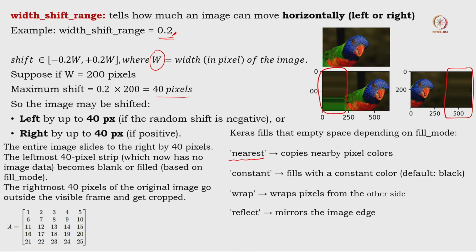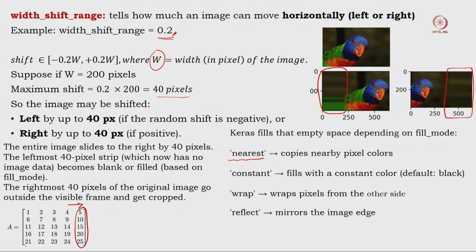Let us take this image in its pixel representation. This is just for you to understand. We have taken one image, represented in matrix form. Let us assume we are shifting this towards the right by 1 position. If you shift everything towards the right by 1, we are going to lose this entire column, and this portion becomes empty.